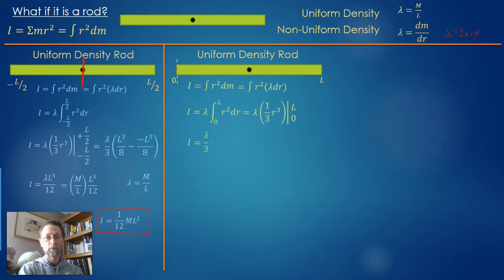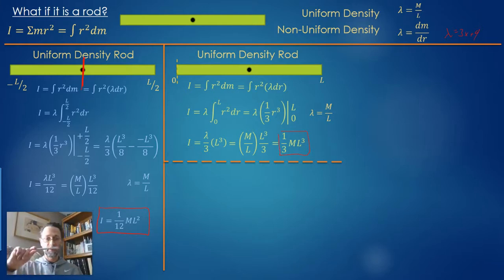It's from 0 to L, which makes this quite a bit easier because I don't have all this goofy fractional stuff. So lambda over 3 times L cubed, from L minus 0. Then I'm going to get rid of my lambda and substitute m over L, and that gives me 1/3 mL squared. And that should look familiar to you also. It's a rod that is rotating around the end of its rod. So it'd be like my pen rotating around that point versus rotating around the center point.